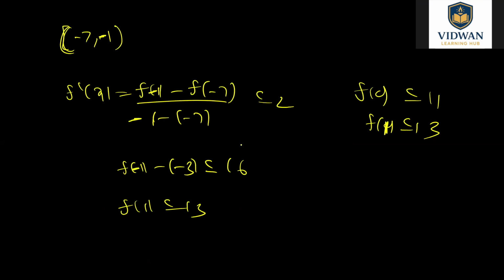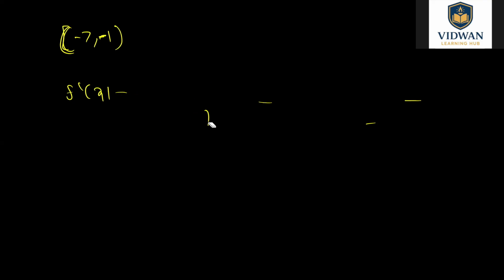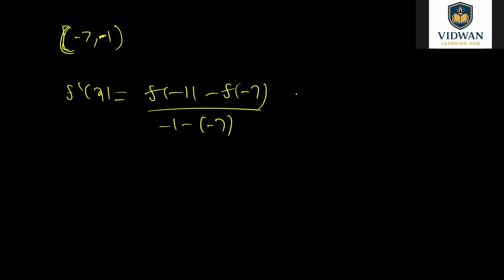So then the denominator will become, in this case, so they ask for minus 1, not for 1. So when you apply for minus 7 to minus 1, then they need not specify because it's a part of 0 only. So f of minus 1 minus f of minus 7 by minus 1 minus of minus 7 less than or equal to 2.